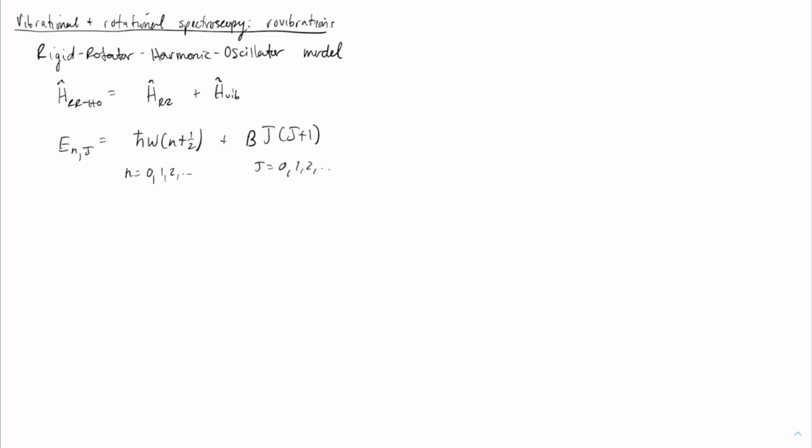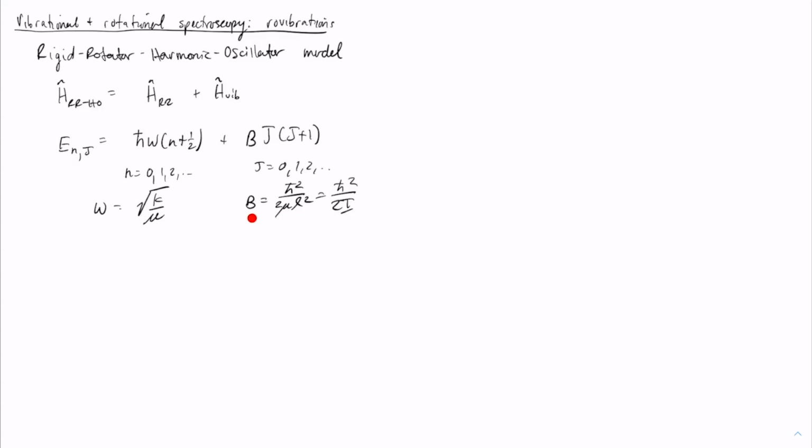And then just as a reminder, the omega in this is the square root of k divided by mu, where this k is the force constant for a harmonic approximation, and mu is the reduced mass, while B is equal to h bar squared over 2 mu L squared, or h bar squared over 2I, where mu is the same reduced mass. This L is the distance between two atoms in a diatomic molecule, and mu L squared together is known as the moment of inertia.